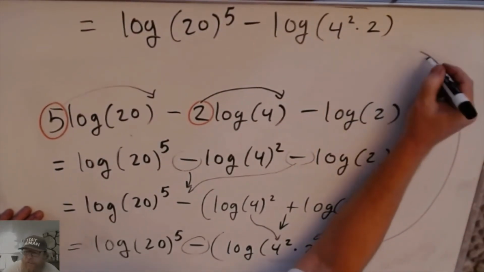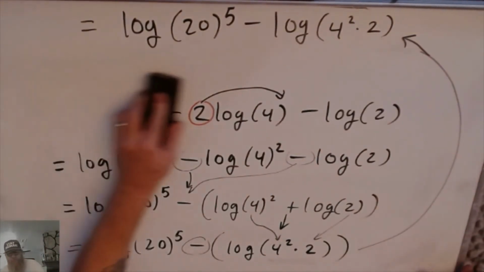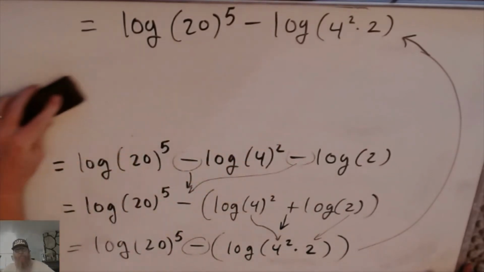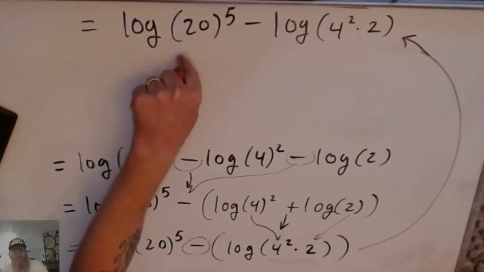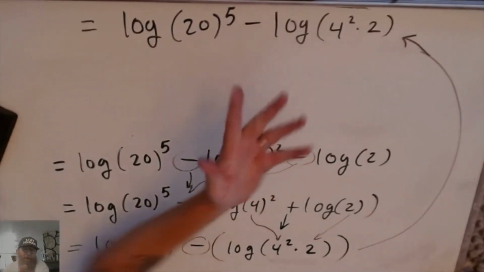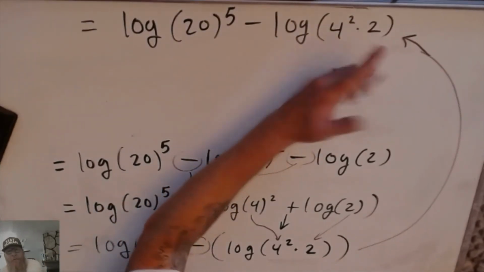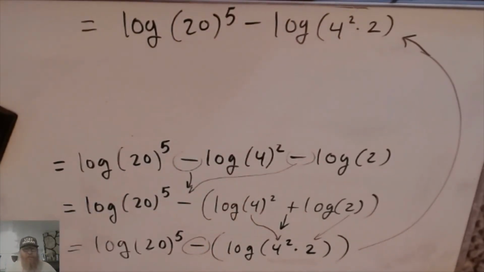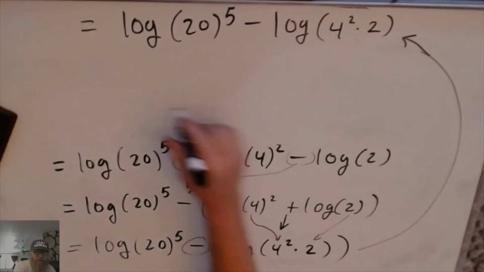I was considering multiplying that, but if you're not intimidated by giant numbers, then you could go ahead and multiply the 20 times 20 times 20 times. It's not that bad. I mean, you do have a calculator, but it said not to use it. And then this one you can probably do in your head. That's 32, 16 times 2. I'm going to finish simplifying before I start evaluating.